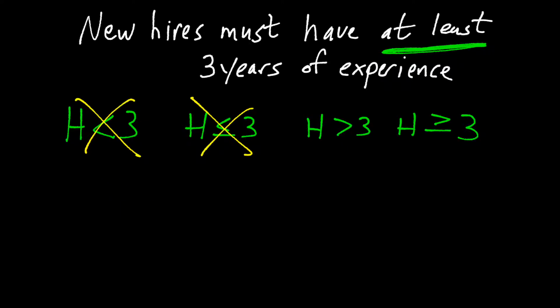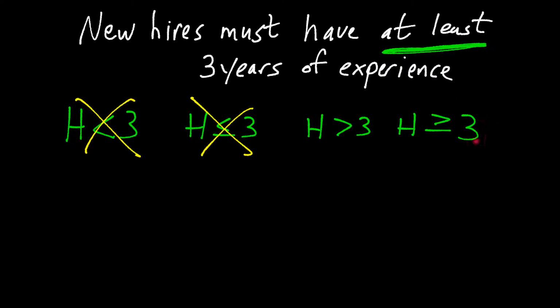And once again, we read through it and try to interpret at least. If you have to have at least 3 years of experience, does that mean you can have exactly 3 years of experience? And the answer to that is yes. You don't have to have automatically more. That's what H greater than 3 means.